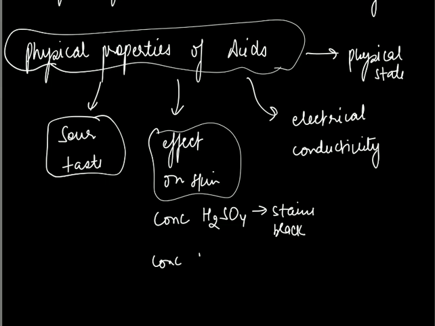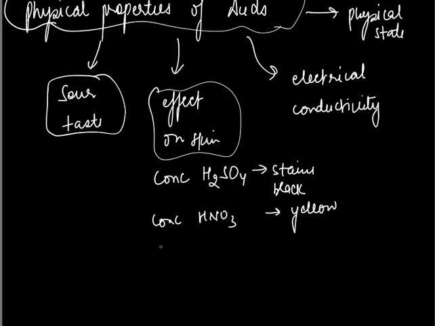Then concentrated nitric acid turns the skin yellow. Concentrated hydrochloric acid can give brown or amber colors. And if we talk about carbonic acid, which is not corrosive at all, it is there in soft drinks and we are consuming it, but definitely it is damaging to the body because it's an acid after all.